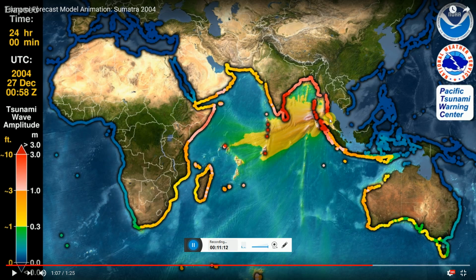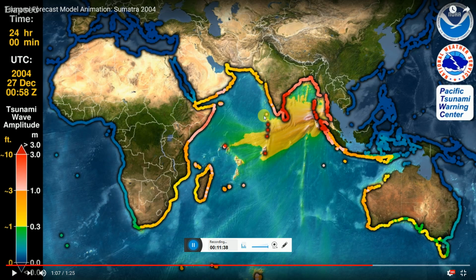Here in Thailand, for example, they go up to 10 meters, as well as here in India and Sri Lanka. They also got up to 10 to 12 meters high, as well as in the Maldives over here.